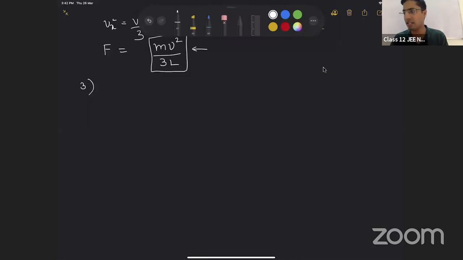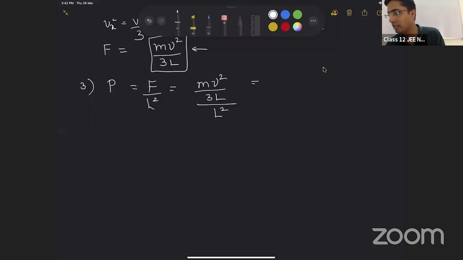Pressure is force by area, which was force by L square. So pressure now becomes mv square by 3L divided by L square. So it's 1 by 3 into 1 by L cube into mv square. Correct? This is what we can say is pressure.